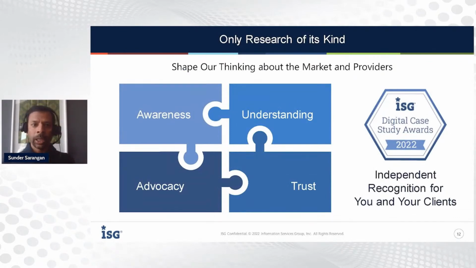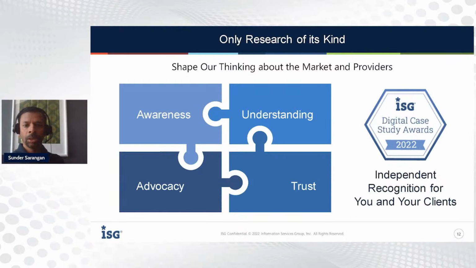Getting more specific, your case studies are going to help you grow awareness and understanding about you among ISG advisors who advise billions of annual contract value every year for providers like you. And most of you know how or why that is important to you. This is also an opportunity for you to use those case studies to engage with or interact with the advisors to build greater trust and advocacy.